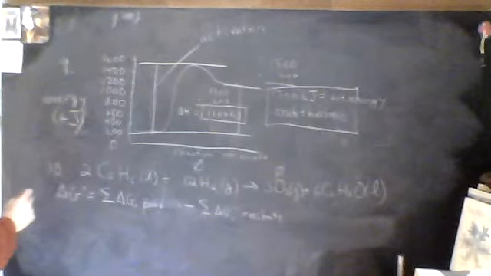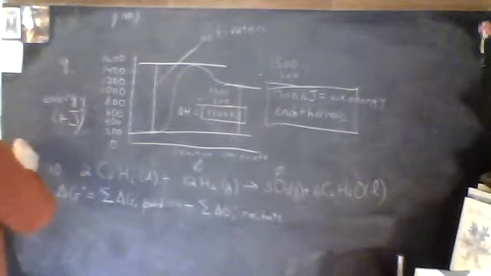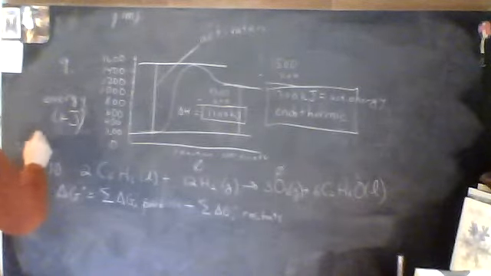So how many moles of C2H6O do we have? And the fact that it's at 298 Kelvin is very important.